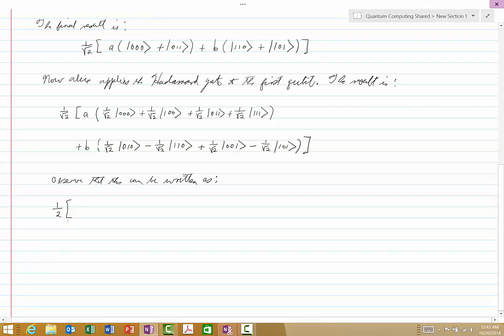And now we will have a times |000⟩ plus |100⟩ plus |011⟩ plus |111⟩ plus b times |010⟩ minus |110⟩ plus |001⟩ minus |101⟩.